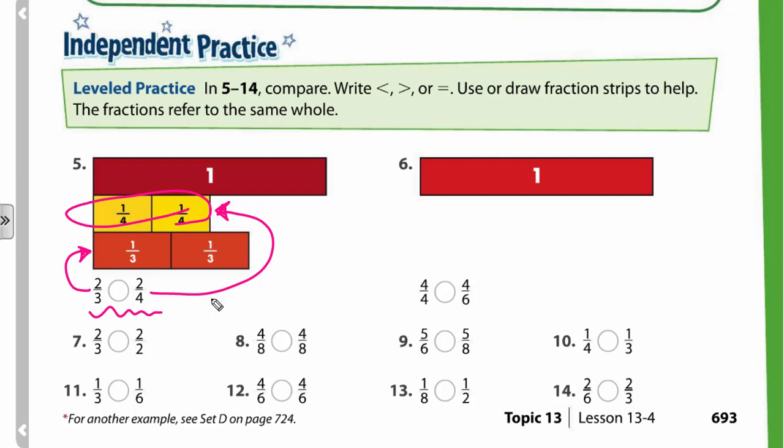Okay, the yellow is more than the orange. You see that the yellow is more than the orange? No. The orange is more. So 2/3 is more.